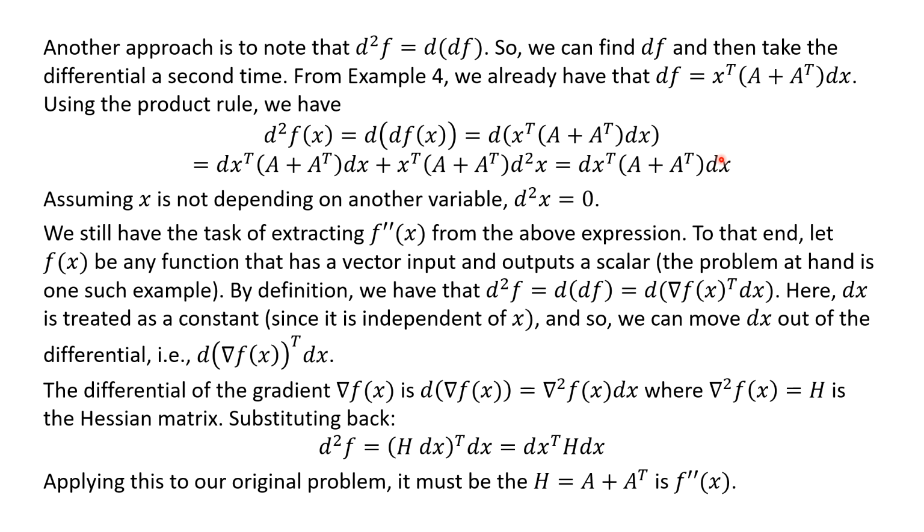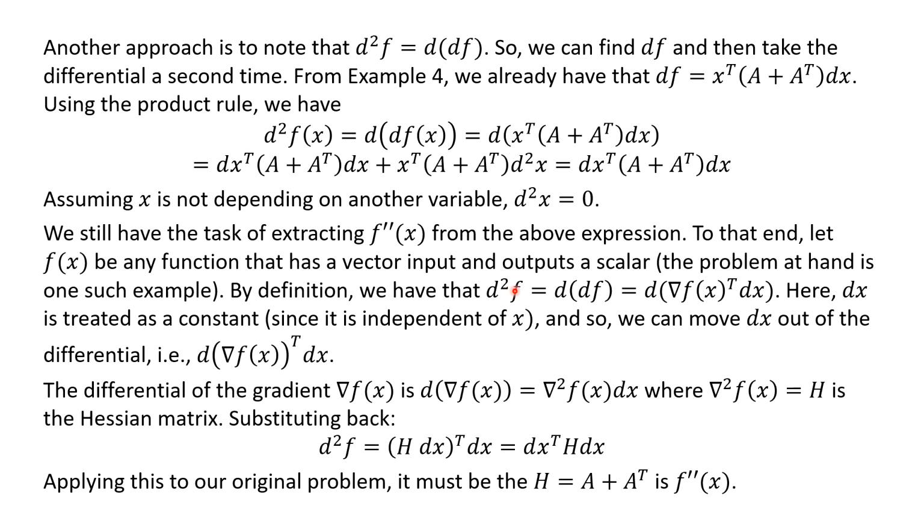But we still have the task of extracting the second derivative of f from this expression here. So we need to do a little bit of work to extract this. We know from the previous solution that it's A plus A transpose, but we need to figure out why that's true. So to that end, let f of x be any function that has a vector input and outputs a scalar, such as the problem at hand.